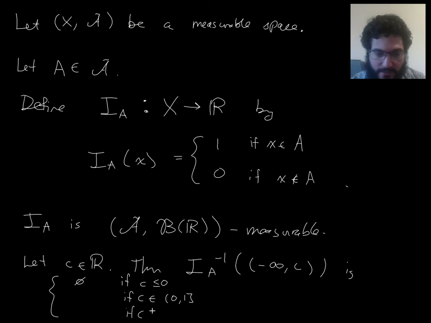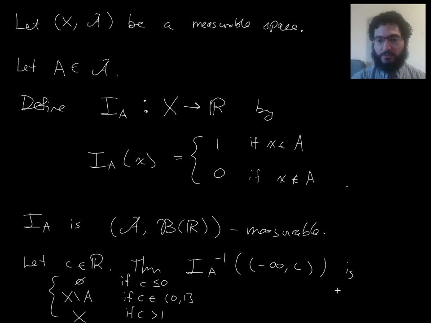And if c is greater than 1, then I would just get everything, because every point in the set has the property that the value of the indicator function at it is less than c when c is greater than 1. And what goes in the middle here, when c is in between, you just get the points that are not in A, right? So the complement of A.